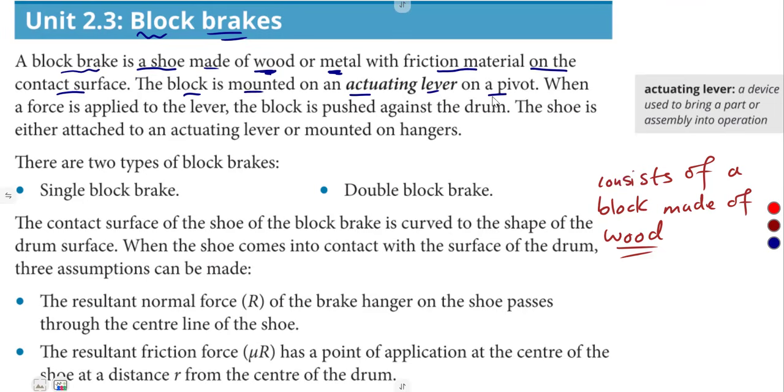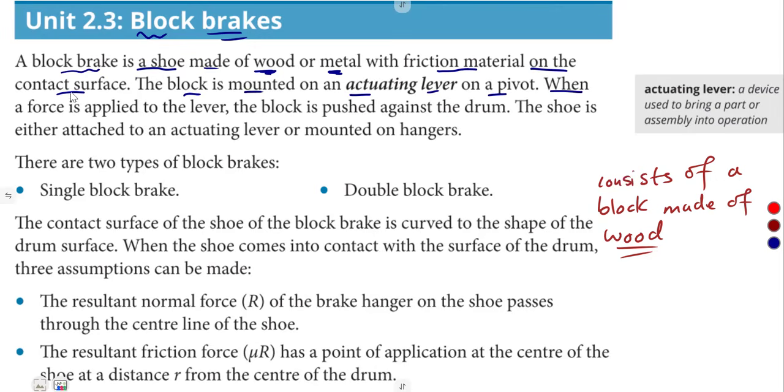That is how the block is being pressed onto the rotating brake drum by a perpendicular force at the end of the actuating lever, which is pivoted to a fixed what? Fulcrum. So that's what we can have on that statement in expansion.